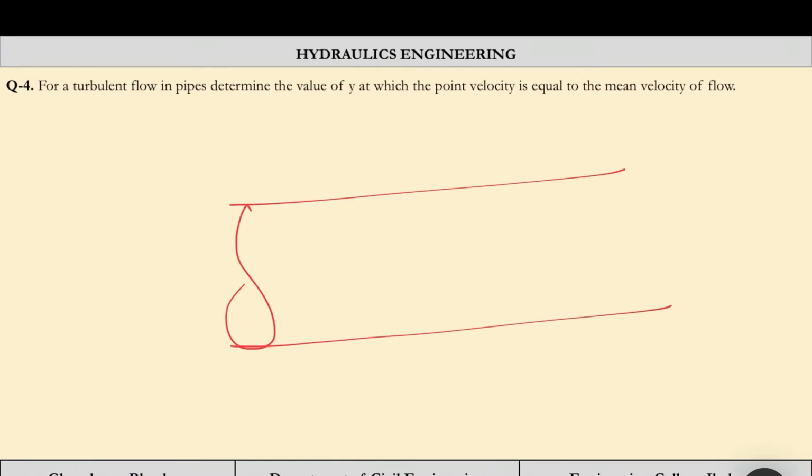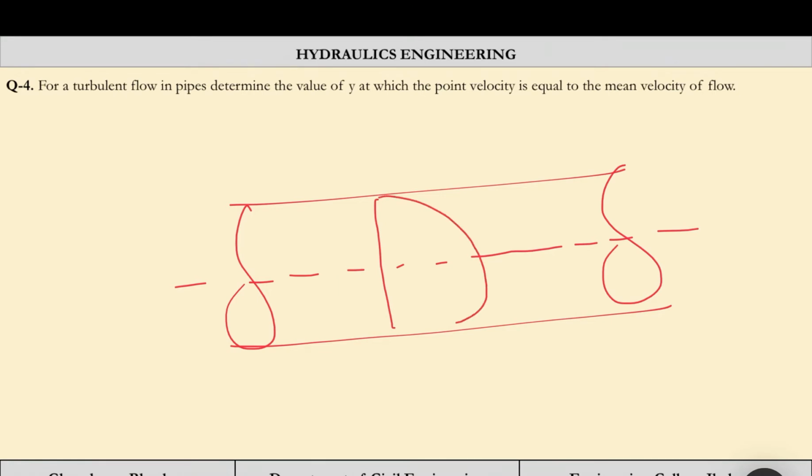So this is your pipe, okay, and this is your center line. Velocity variation is something like this, okay. So we want to calculate the distance y, that is y is always calculated from the boundary of the pipe or pipe wall, okay.